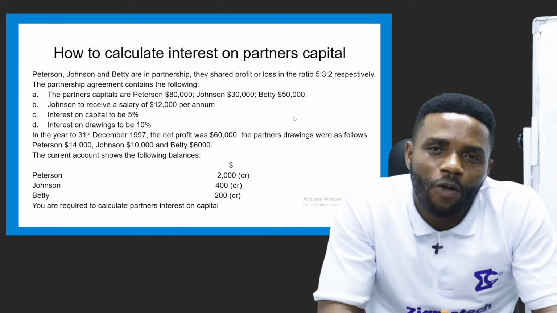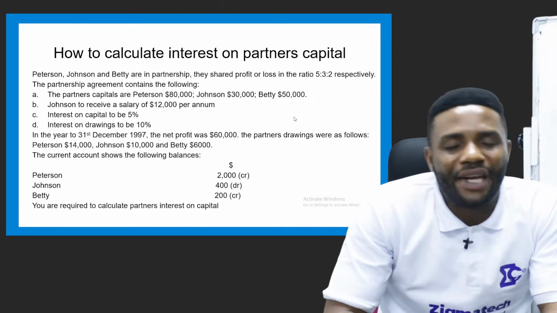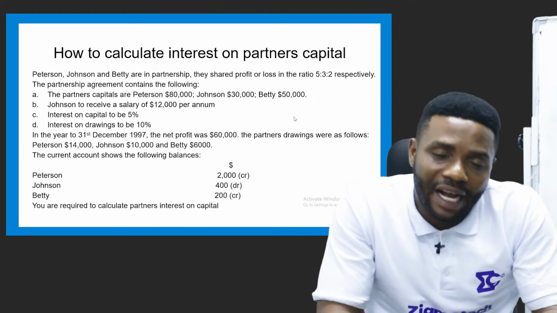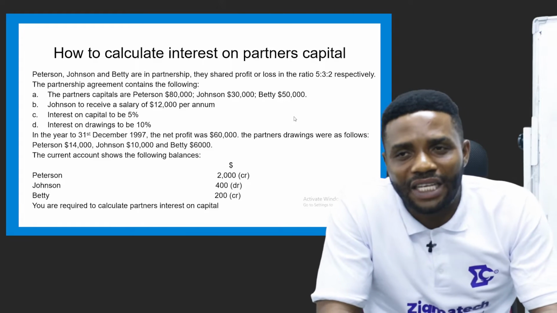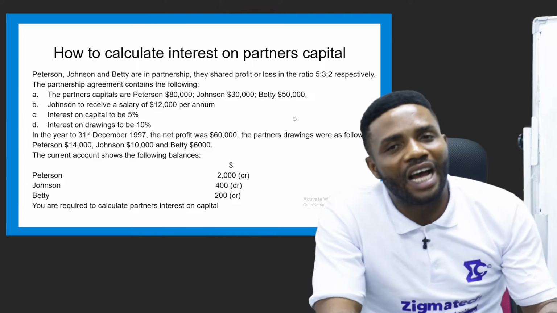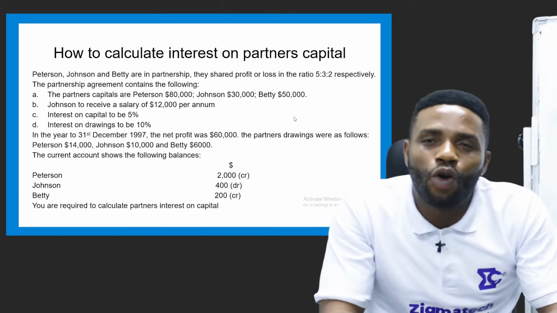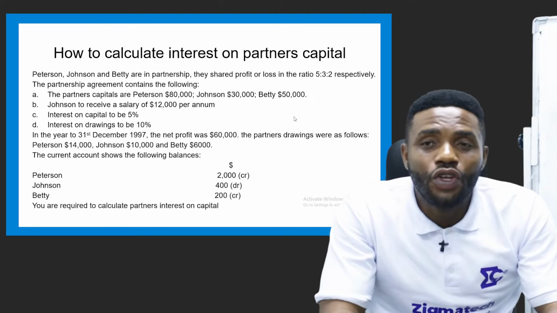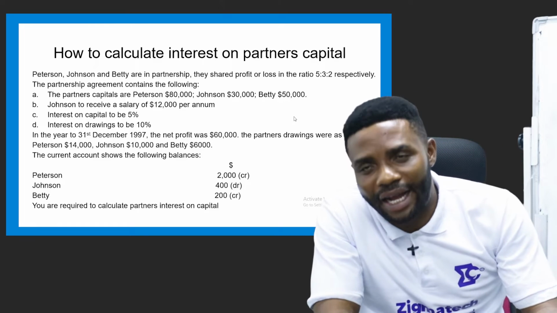The first one is called the fixed capital account, while the second one is called the current account. Please, I want to emphasize that you don't charge interest on the current account. I want to say that again. You don't charge interest on the current account.